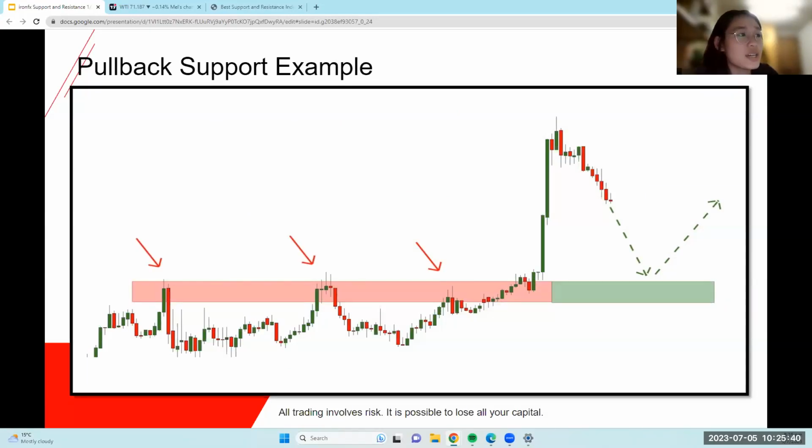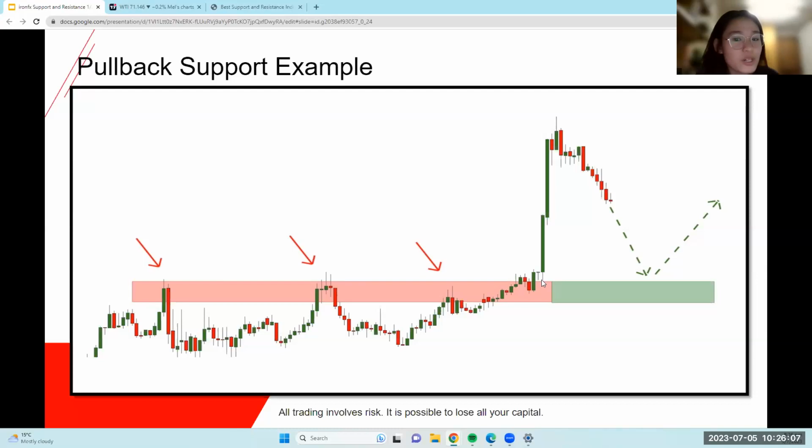Okay, so here's another example. At the red area, price has tested this level 3 times. So it's pretty strong. We have a multiple swing high here, but you can see price cuts through this level. So it broke the red area, and once it breaks through, it's now a pullback support. Instead of a swing high resistance, it's a pullback support.